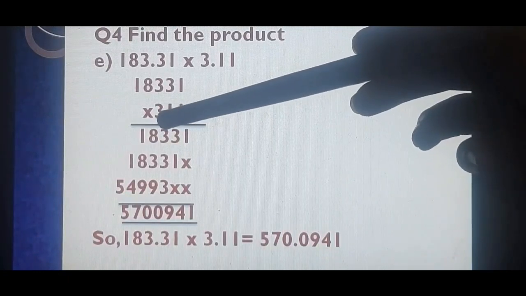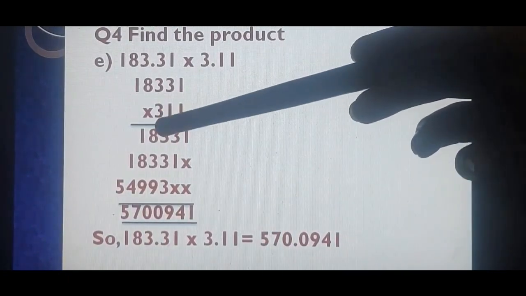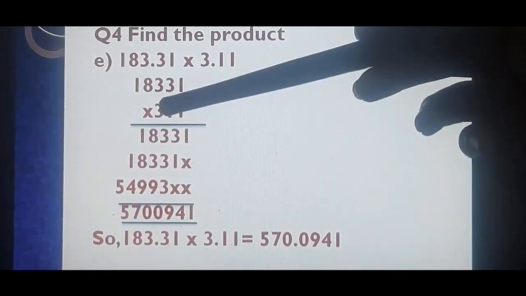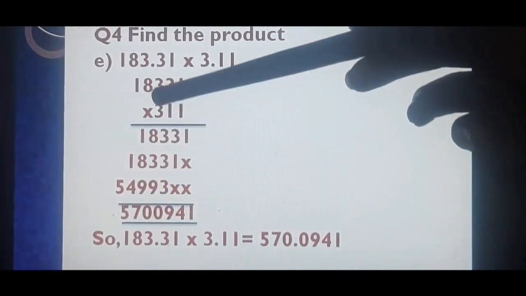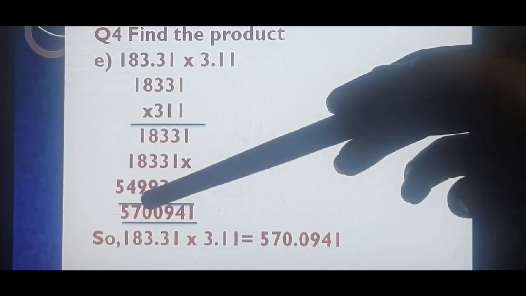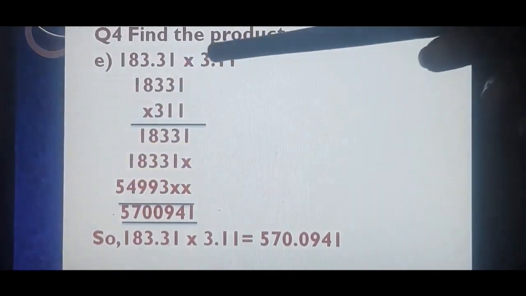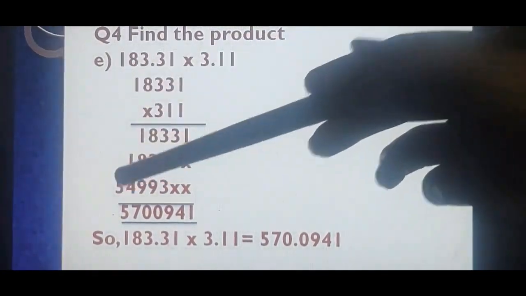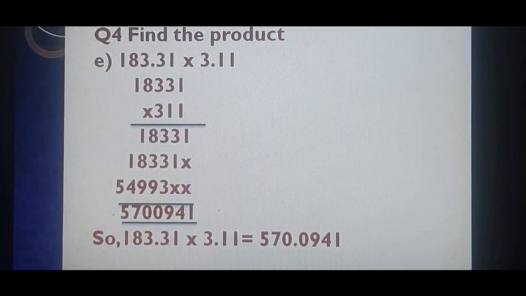Now start with multiplication with 3. 3 1s are 3. 3 3s are 9. 3 3s are 9. 3 8s are 24. 4 will be here, 2 to carry. 3 1s are 3 plus 2, 5. Right?